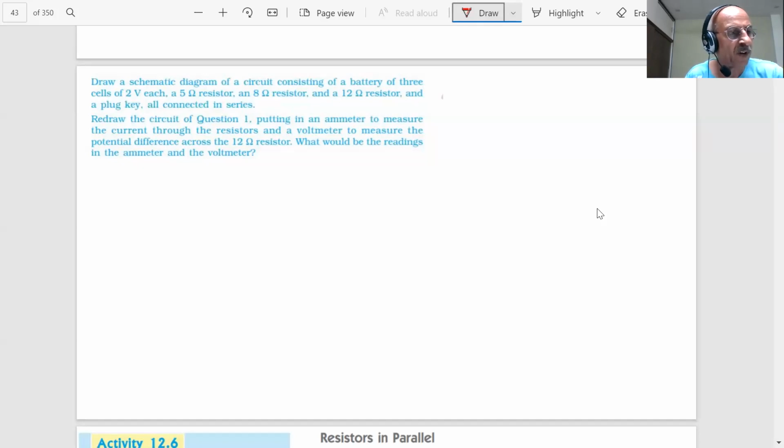You have to draw this, student. You have 1 to 2 minutes to draw this circuit.